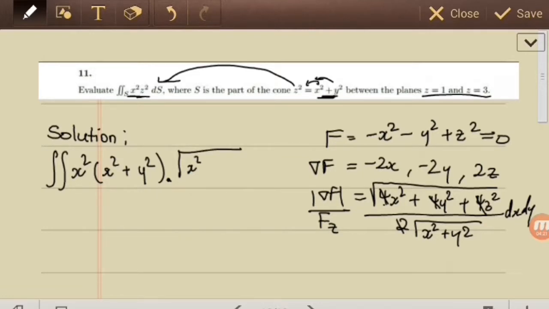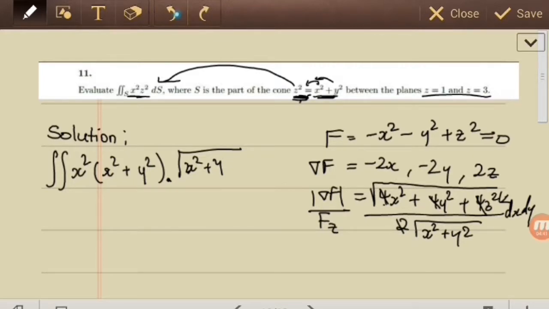In a way we can substitute this here, that will give us 2x squared plus 2y squared.